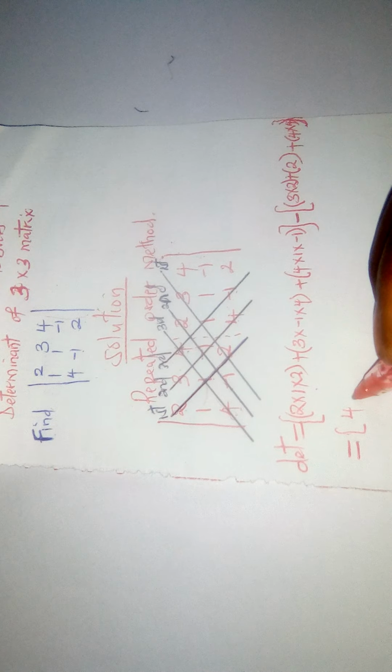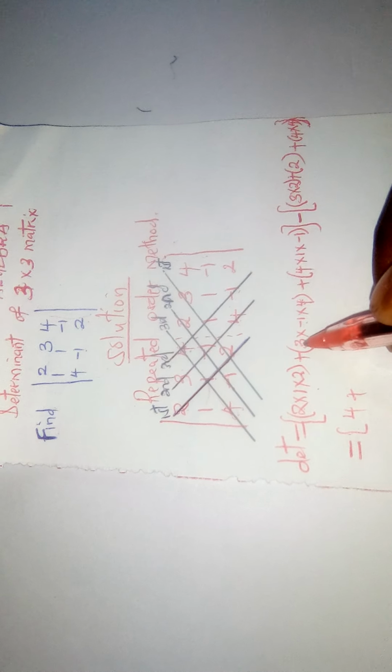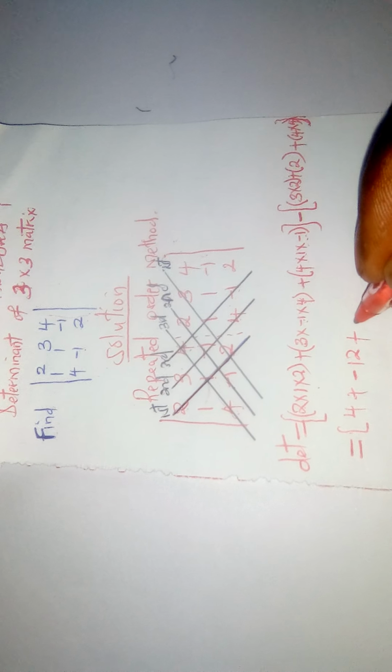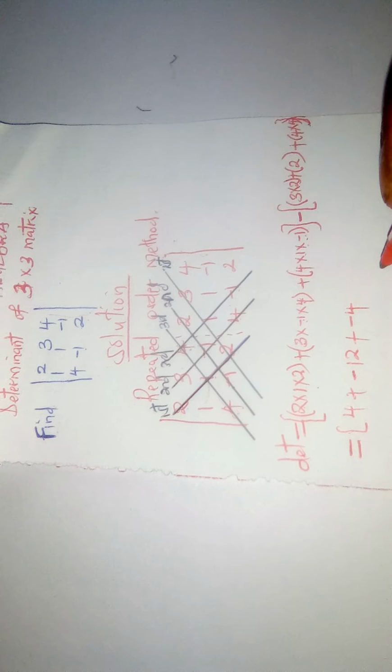Then I have a plus, so that is 3 by -1 by 4. 3 by 4 is 12, by -1 is -12. So you will end up having -12 there. Then plus 4 by 1 by -1 is -4. So I'll have -4 there.